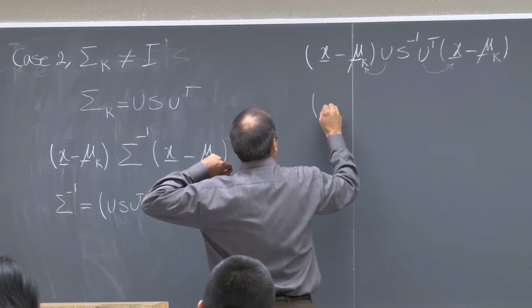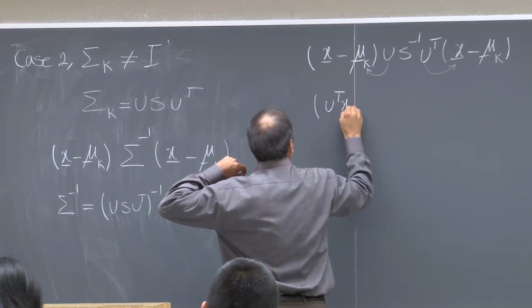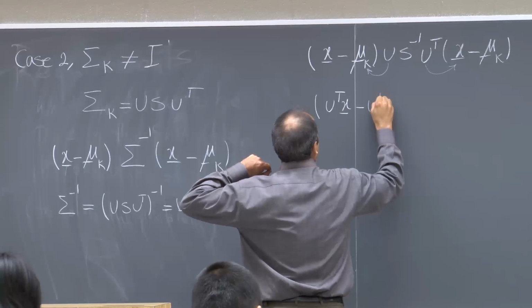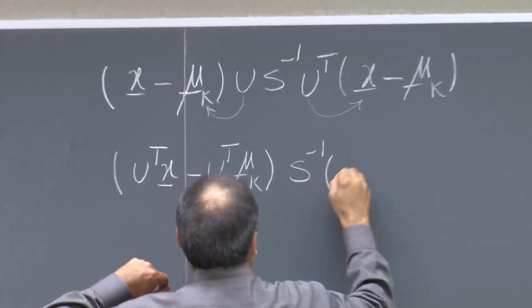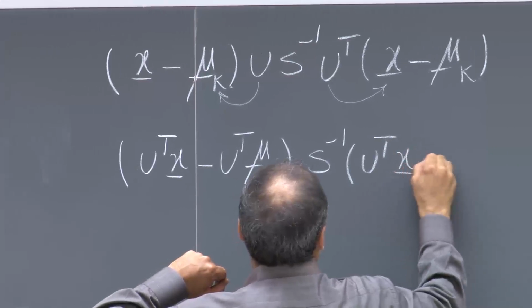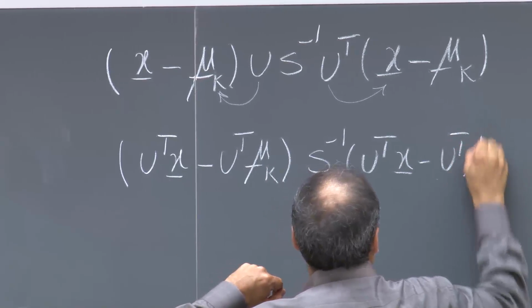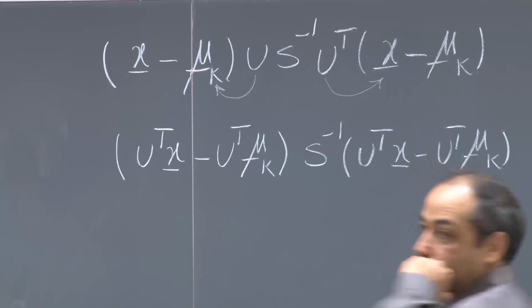So it's going to be U transpose X minus U transpose mu K, S inverse, U transpose X minus U transpose mu K.